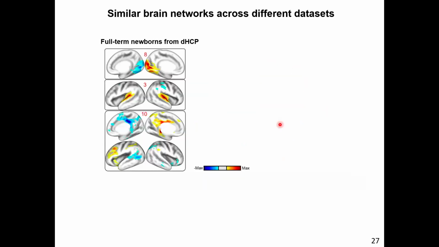Very interestingly, these are some examples of networks generated from DHCP full-term newborns. Number 8 looks like a visual network, but it was a contralateral visual network. There is also a bilateral auditory network. And maybe this looks like a default mode network, but again, it's contralateral.